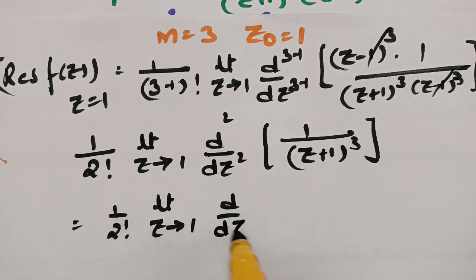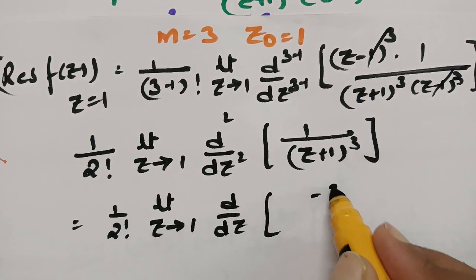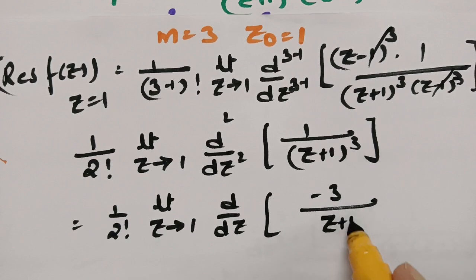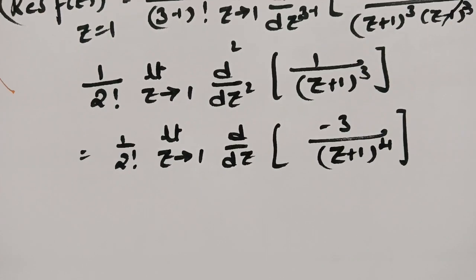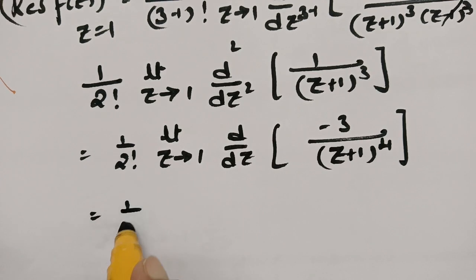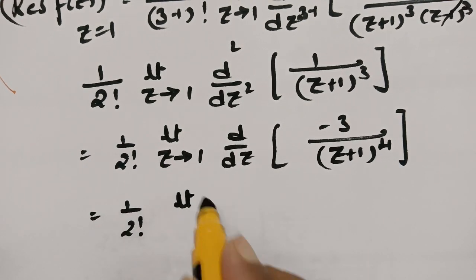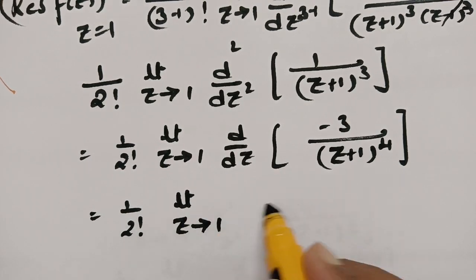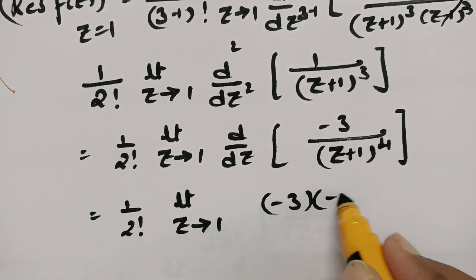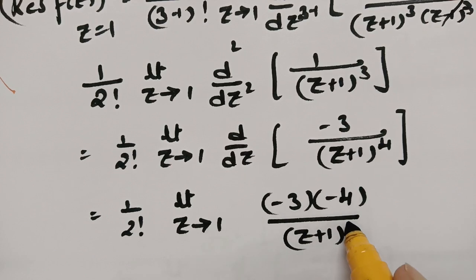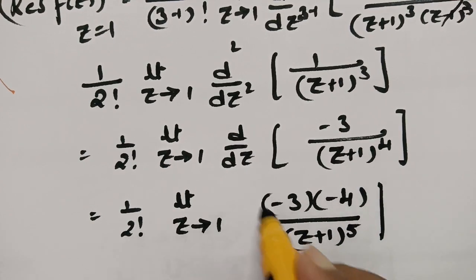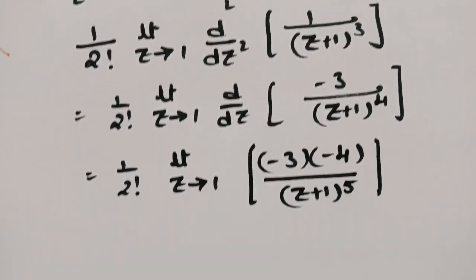So this value is equal to 1 by 2 factorial into limit z tends to 1 of d by dz of, the derivative of this one, which is minus 3 by z plus 1 whole power 4. And the next derivative here will be, so this is 1 by 2 factorial into limit z tends to 1, this value is minus 3 into minus 4 by z plus 1 power 5. Clear? Now I have to substitute z value as 1.